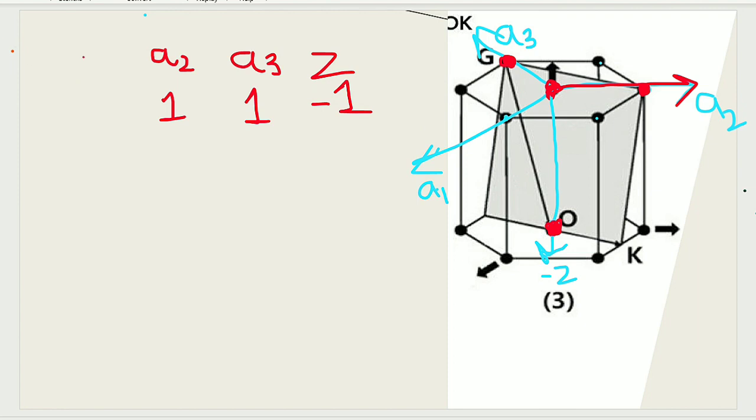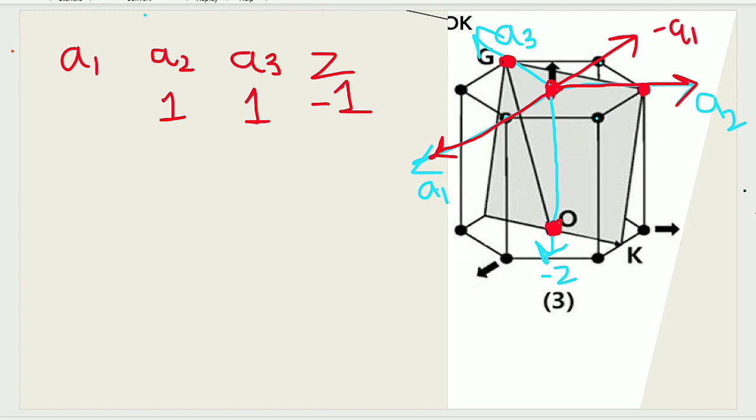Now let's talk about A1 intercept. So if you produce, this is positive A1 direction and this is negative A1 direction.